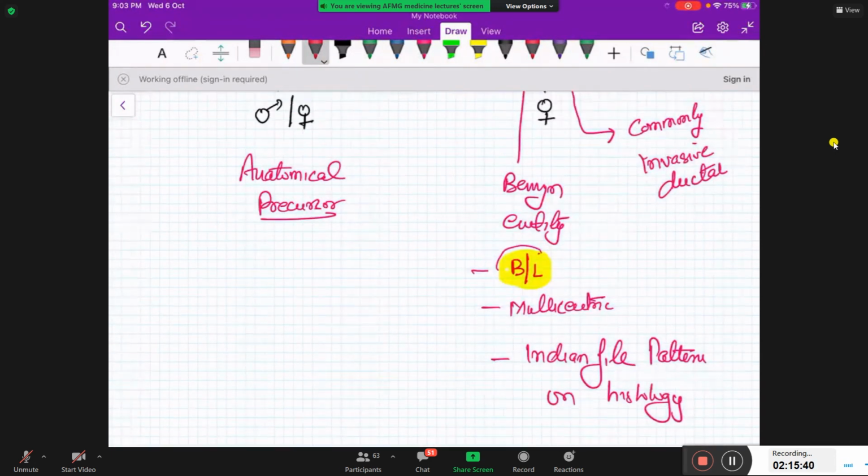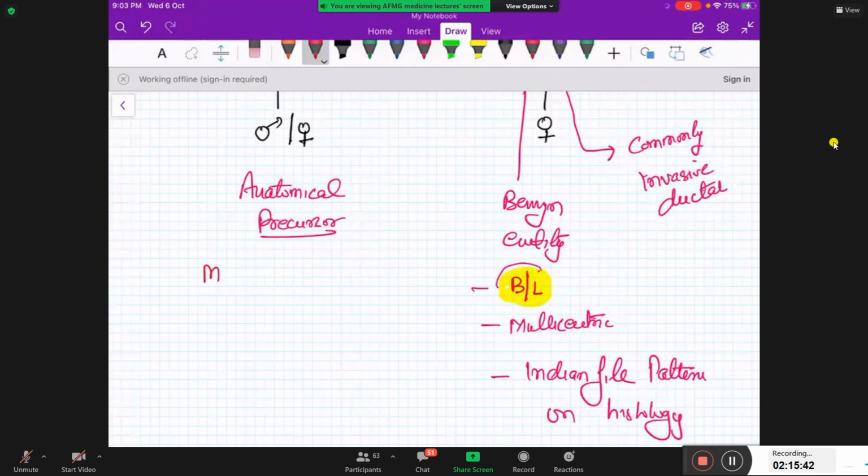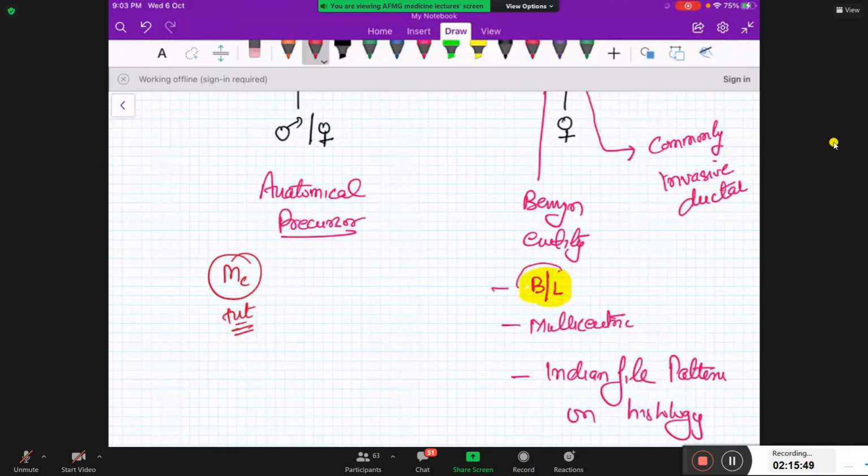In ductal carcinoma in situ, we just need to know the most common presentation: microcalcification.